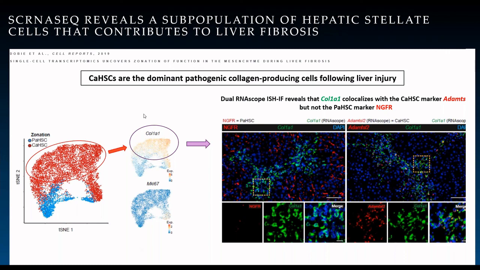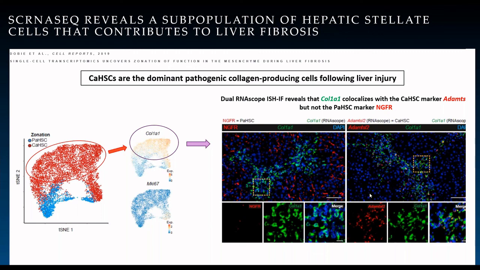Now here, after performing single cell sequencing, they were able to identify two distinct stellate cell populations in the liver, the portal vein stellate cell populations and the central vein stellate cell populations. Now, NGFR is a marker for the portal vein stellate cell population, and using ISH, they were able to show that these collagen-producing cells were not co-localizing with the portal vein stellate cell population.